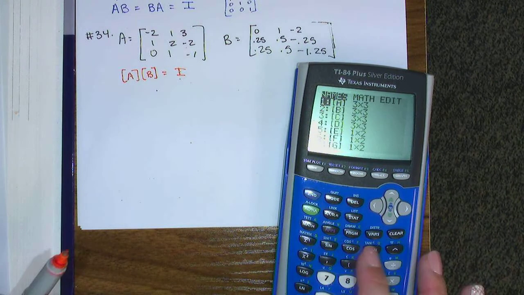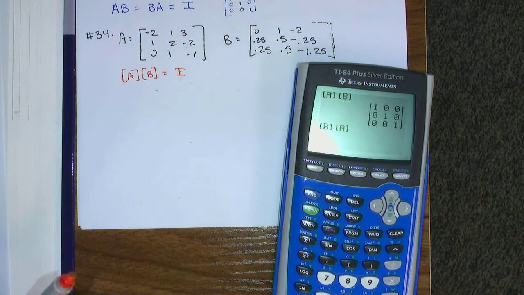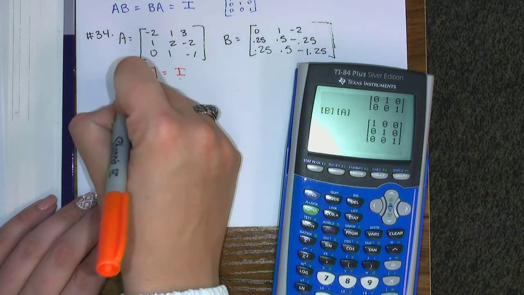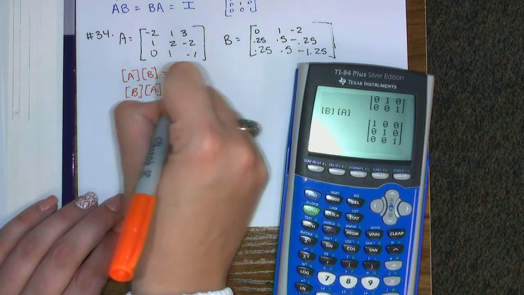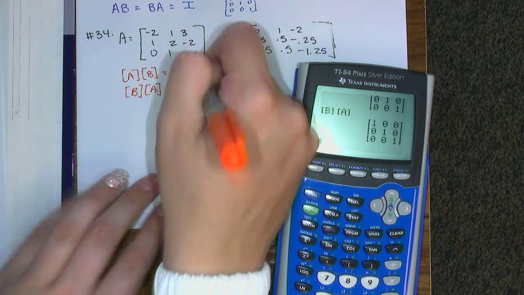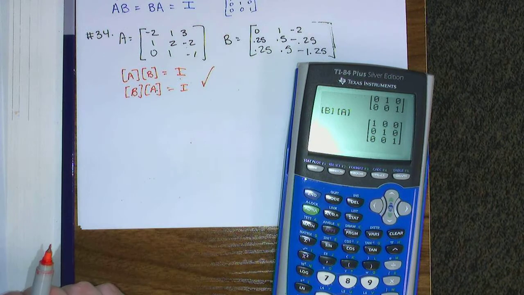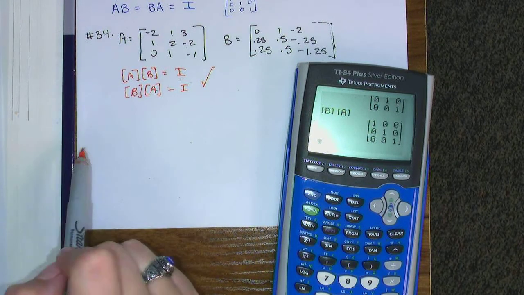Second matrix, B, and then A. Show that you checked it the other way, and that is equal there. Then just give a little check mark, basically saying that it is true. This is what I expect to see on your paper for these problems.